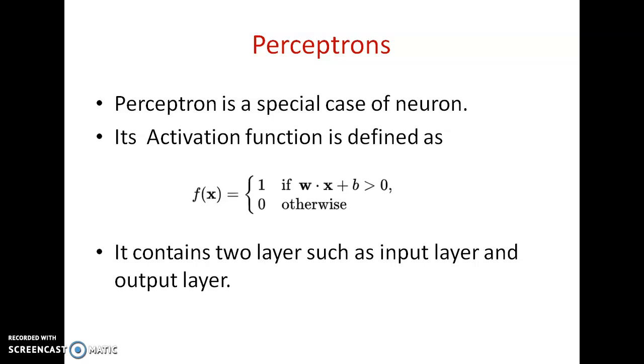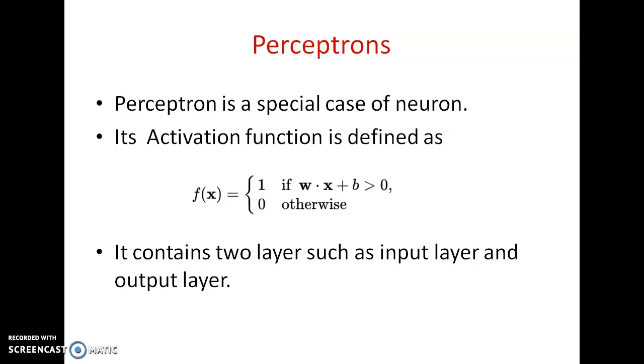In this mathematical format, x is the input vector, m is the number of inputs to the perceptron, and b is the bias. The main usage of the bias is to shift the decision boundary away from the origin, and it does not depend on any input value, because the input value of the bias is always 1. The perceptron contains two layers, the input layer and the output layer.